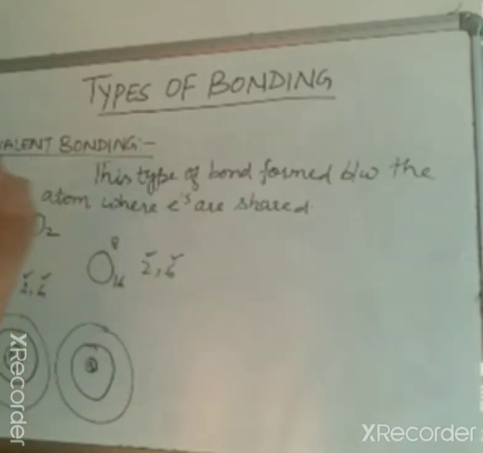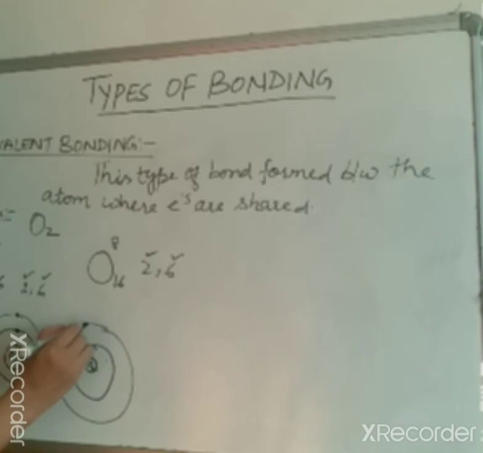In first energy level we have only 2 electrons. So now the first energy level or innermost energy level becomes stable. Now come to second energy level. It has 6 electrons. 1, 2, 3, 4, 5, 6.